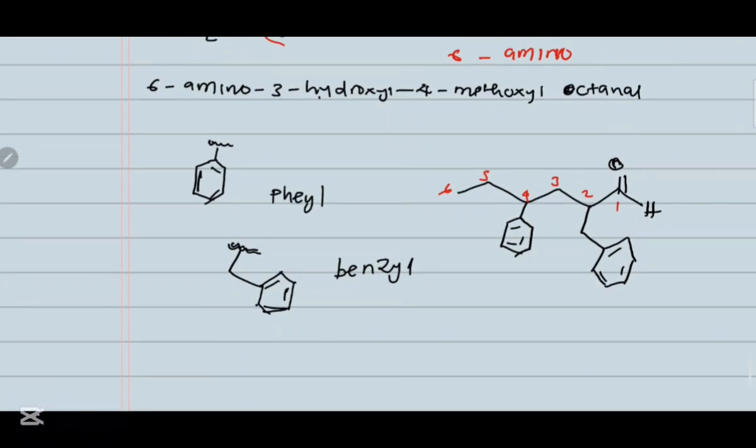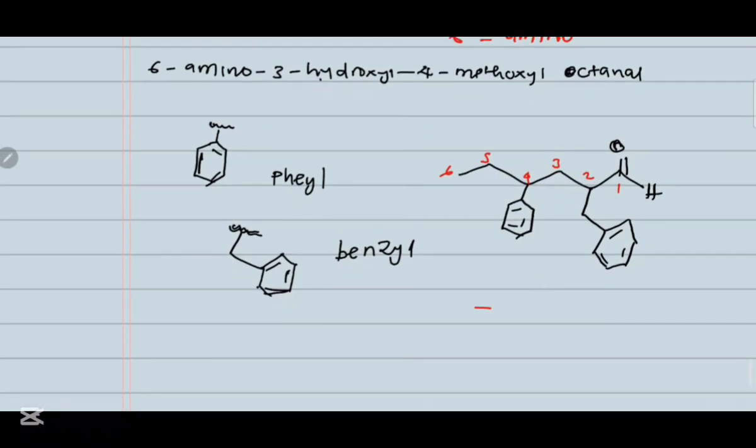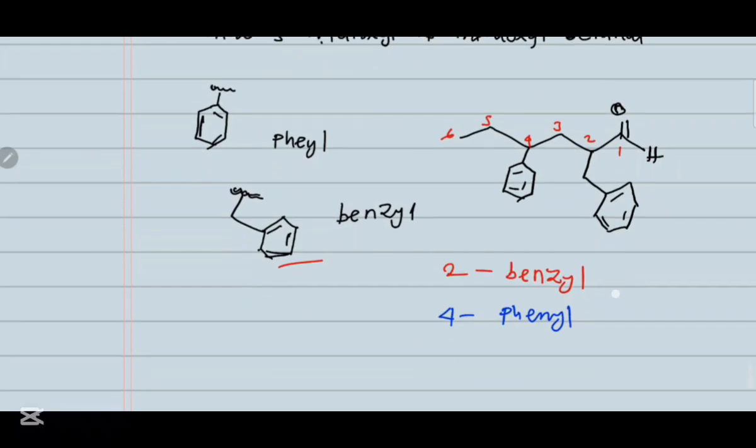So let's now consider the side groups. So we have two benzyl or benzo, 2 benzyl, because this group is the same as this one. And then you also have 4 what? Phenyl. Or phenol.